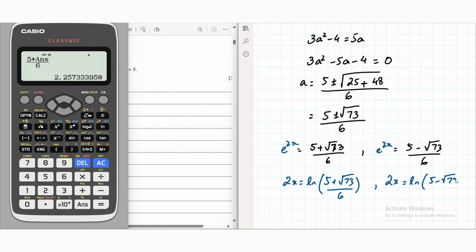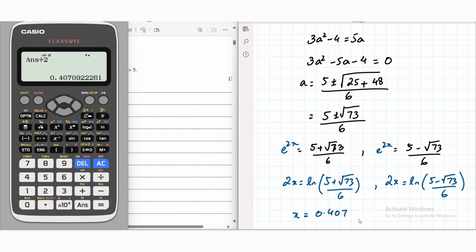Now, ln of the answer would be this, and then divide by 2. One answer for x would be 0.407.